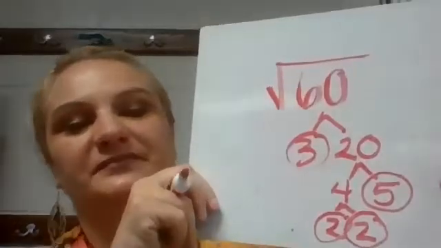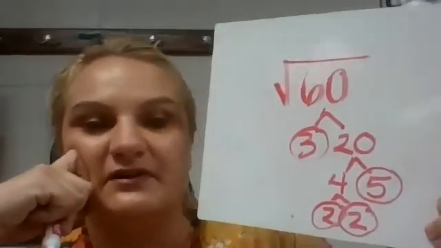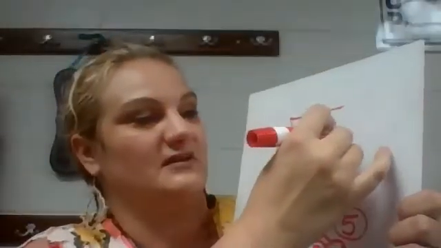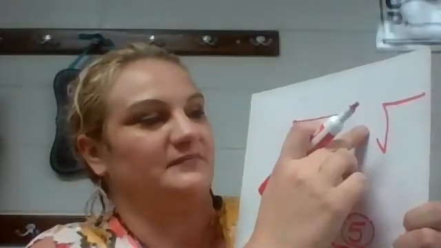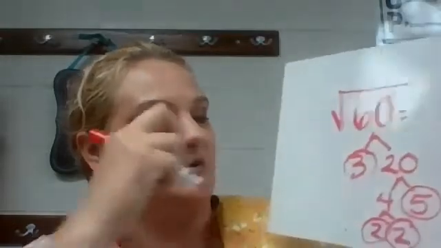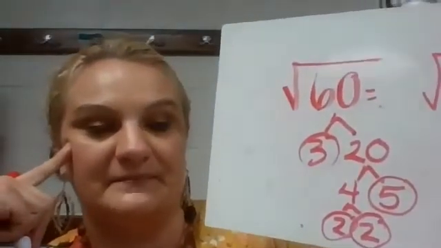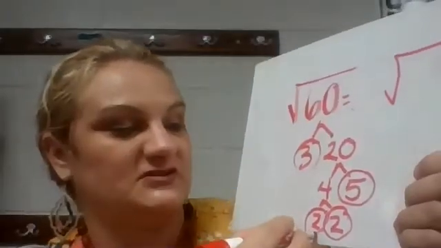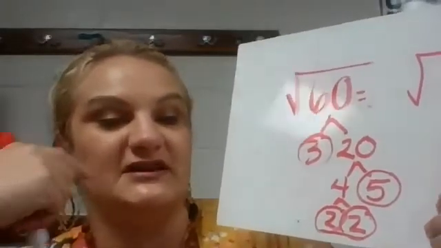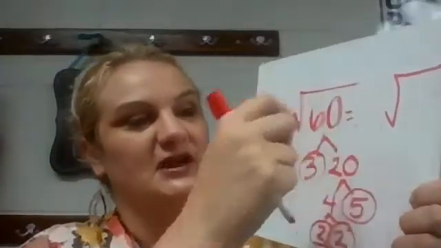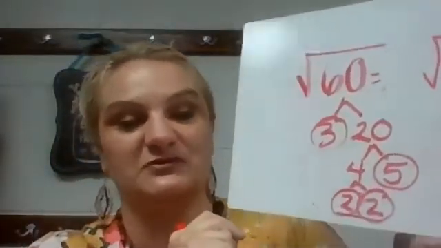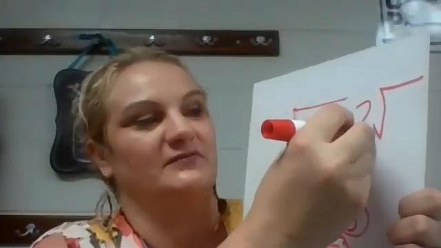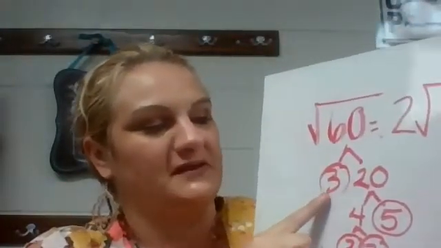Now look closely. Our job now is to find some numbers that want to leave this house and go on a date, right? How many pairs do we have? One pair of 2s. So they're going on a date together. They get to go outside of the house. But when they go outside of the house, how many 2s do we write? 1, because they're traveling in the same car. But what about 3 and 5?